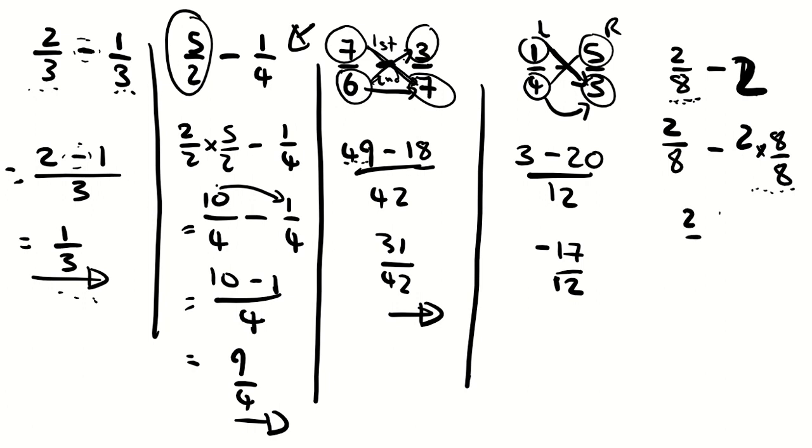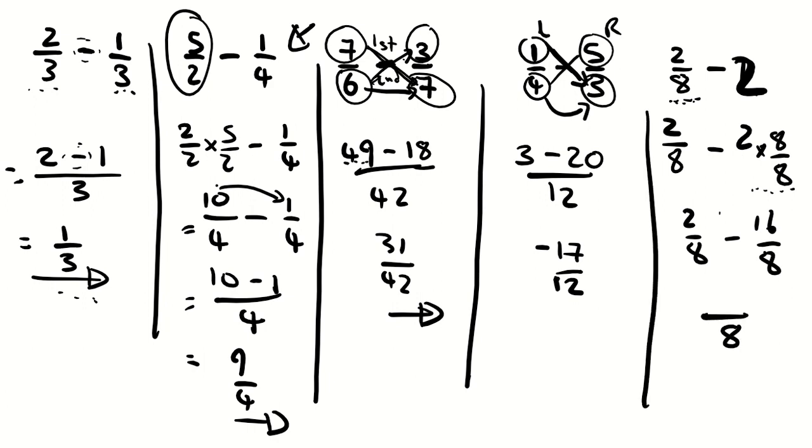So you would have 2 over 8 minus 2 times 8, which is 16 over 8. Because the denominators are the same, you can then subtract what's on top. So this is going to be 2 minus 16, which is negative 14 over 8. 2 goes into 8 4 times. 2 goes into 14 7 times. The answer is going to be negative 7 over 4. That's how you do these questions.